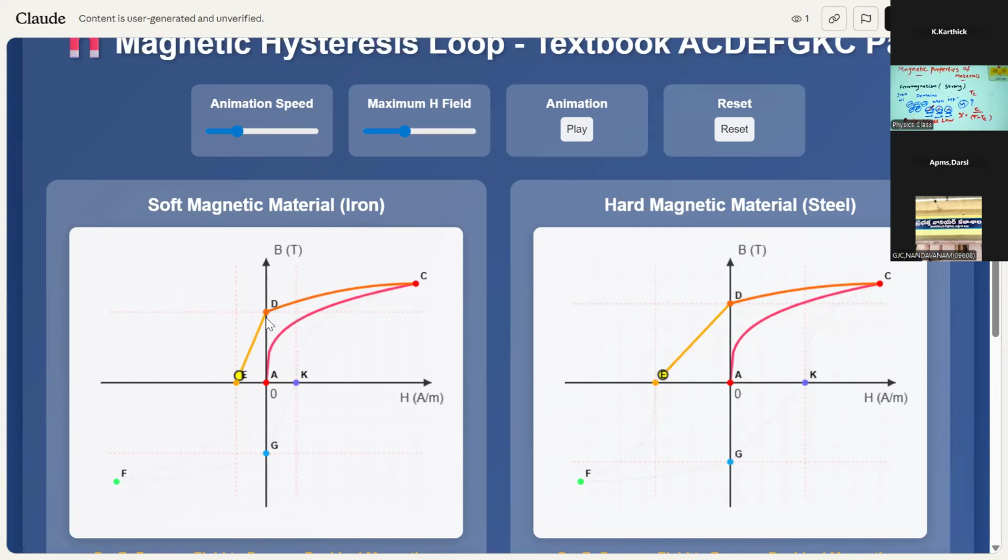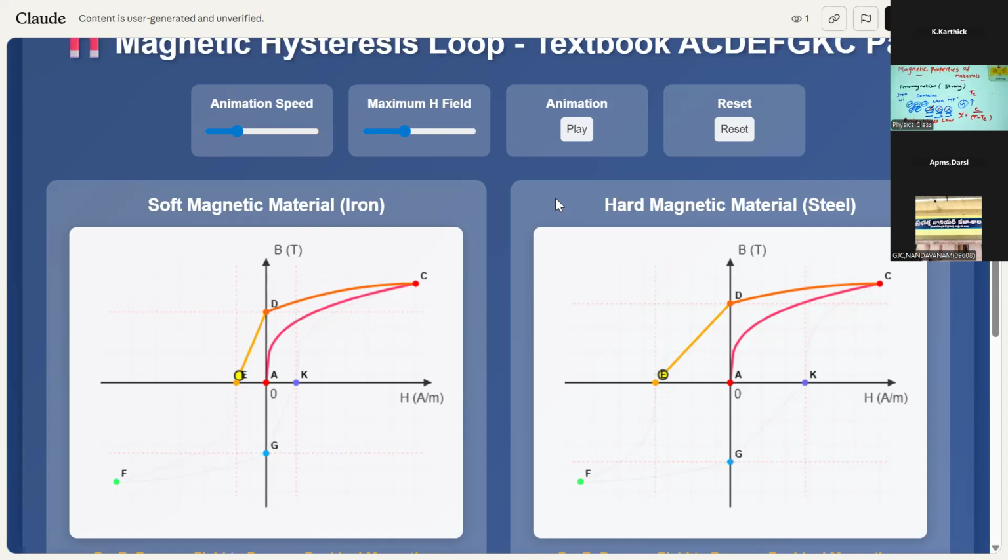This remaining magnetism is called the retentivity, that is BR. A material with high BR, like the hard steel on the right, is excellent for permanent magnets. They retain their magnetic field strongly.